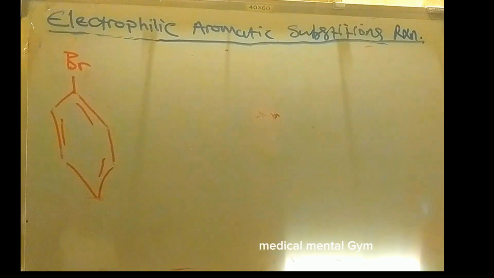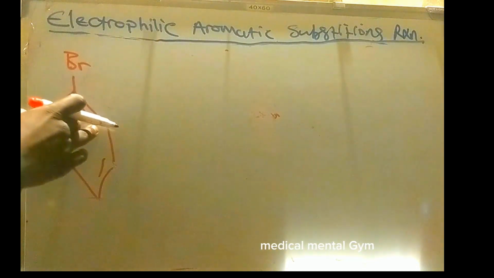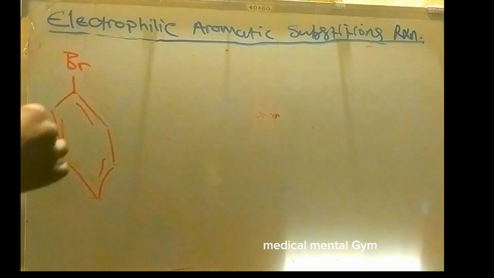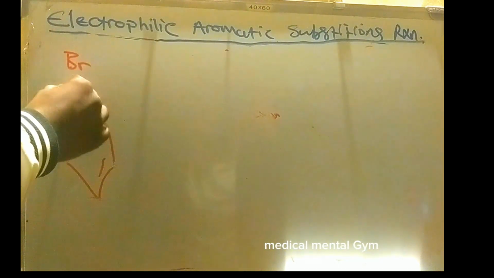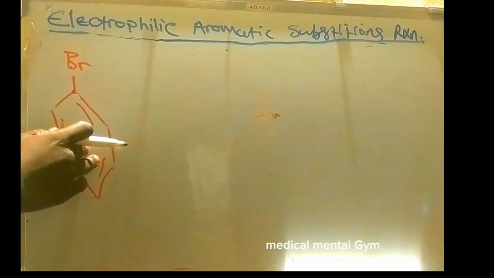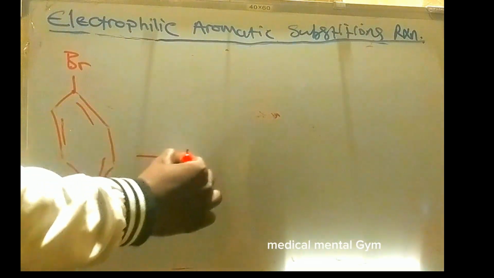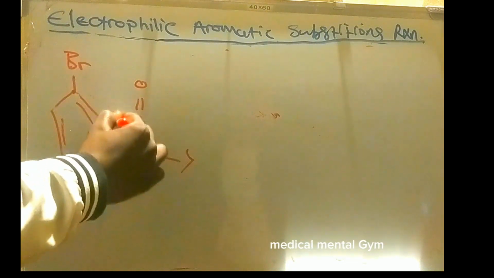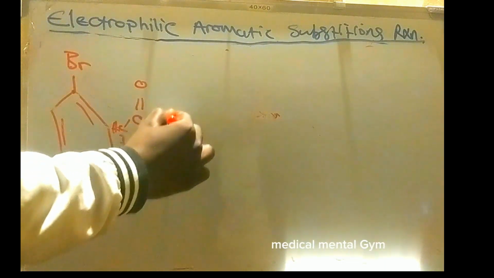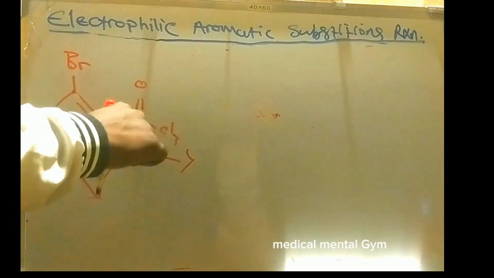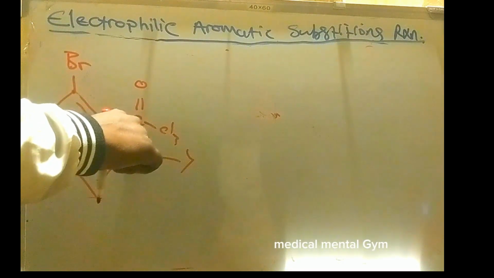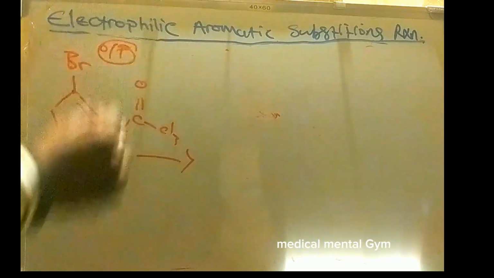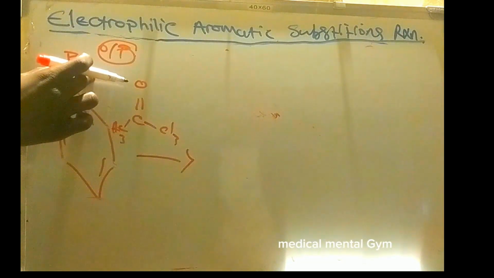So in this first step, when bromine is attached to this benzene ring, the incoming molecule, which is the acyl group, is going to attach itself on the ortho and the para positions because of the effect of this bromine.